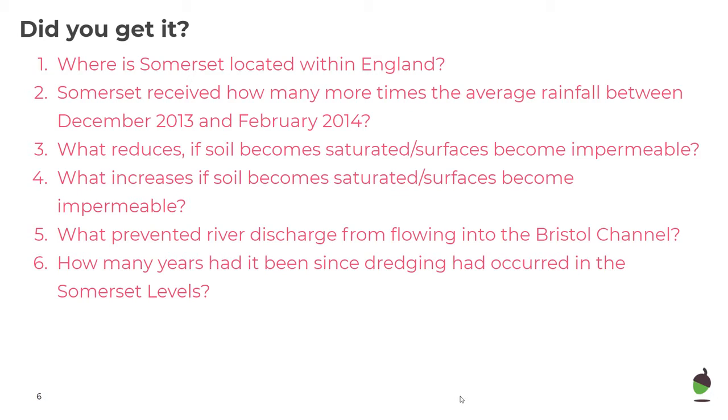So there are many causes of this particular flooding event, and some of that is linked directly to the extreme weather, and some of that is linked to human activity. If you need to review any of these causes again, it's really worth looking back to the first lesson about the Somerset level flooding so that you can really understand, first of all, where Somerset and the Somerset Levels are located, but also what caused this event to take place in the first place.